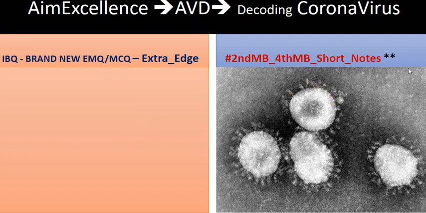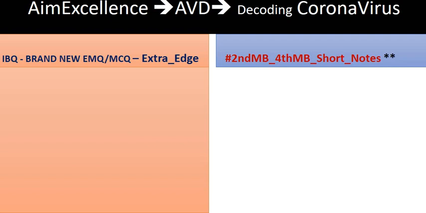So, a few important points. We should first talk about coronaviruses. That is one: there are 4 genera, which we have already told you. Four genera of coronavirus: alpha, beta, gamma and delta.